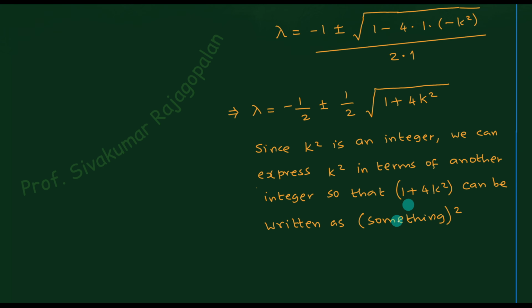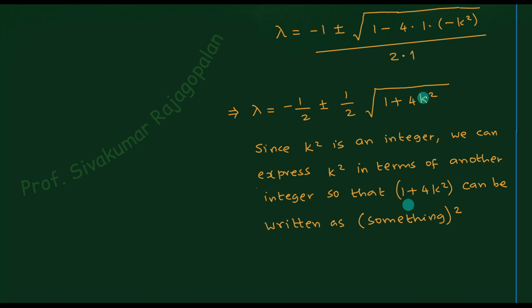Why do you want to write something to the power 2? This is a quantity under the square root, and I am unable to remove the square root. If this entire thing is something to the power 2, then the square root and the power 2 will cancel, and I can simplify this expression.